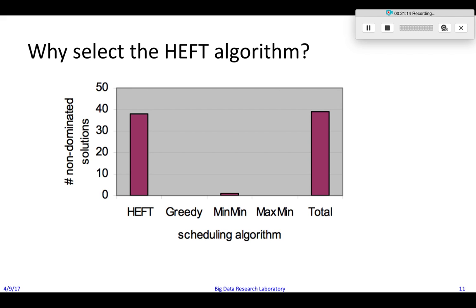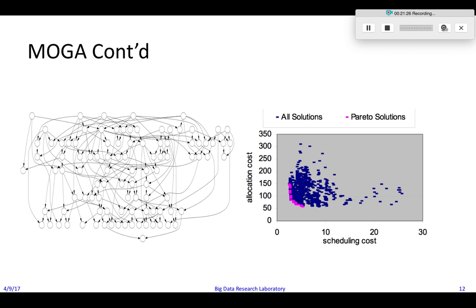It means that HEFT can generate many more solutions than the three others. So the user will use the HEFT algorithm to do the scaling part and use this kind of algorithm to get the makespan value.